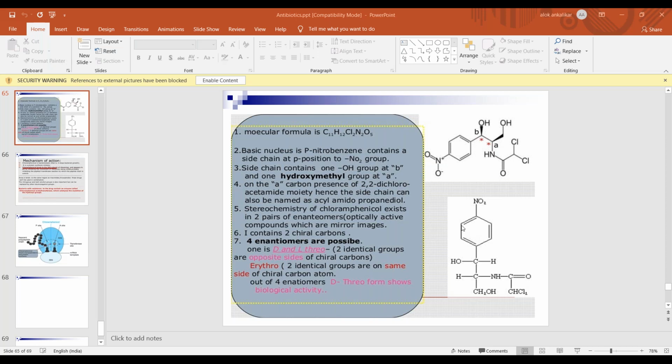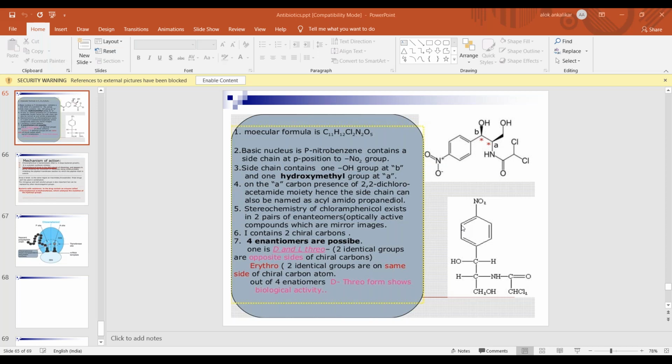So you could have a question in the exam to identify which of the 4 isomers, or name the isomer, which shows good antibiotic activity. So it is the D-threo enantiomer which is showing good antibiotic activity. And which are the possible isomers? The threo isomers and the erythro isomers.